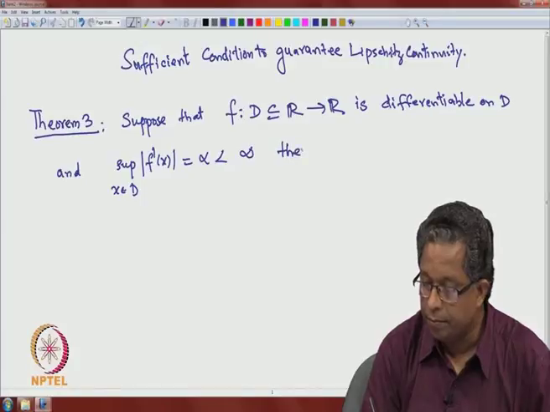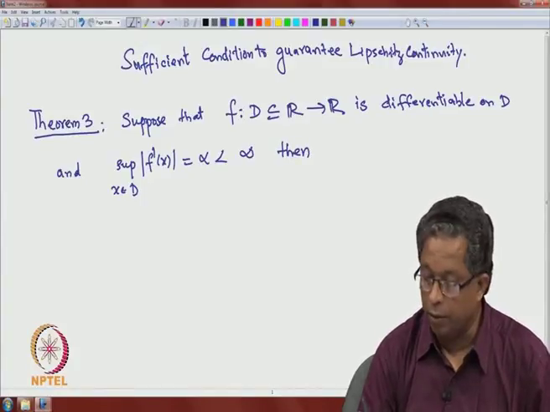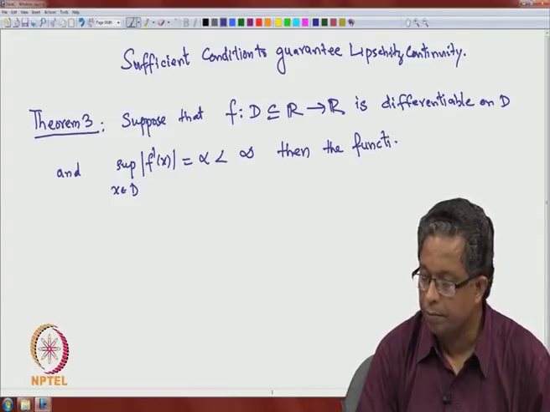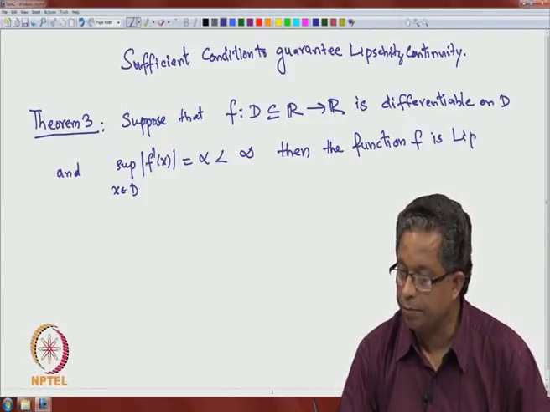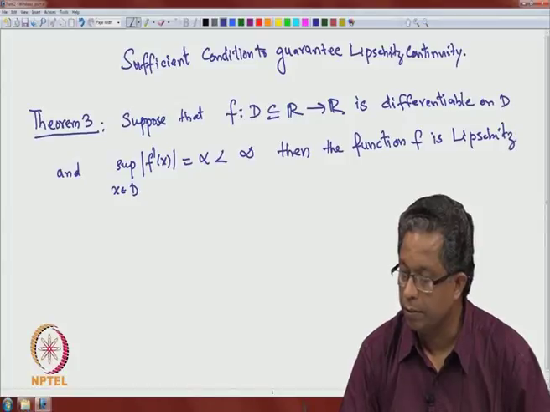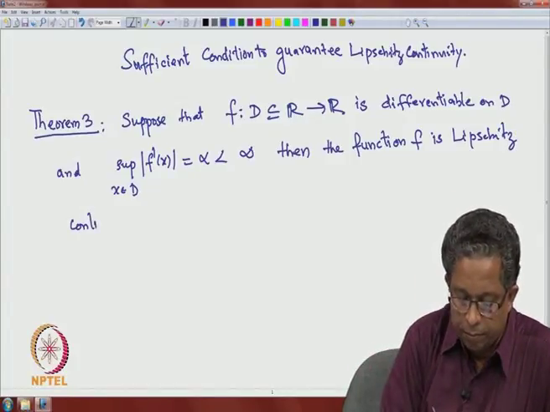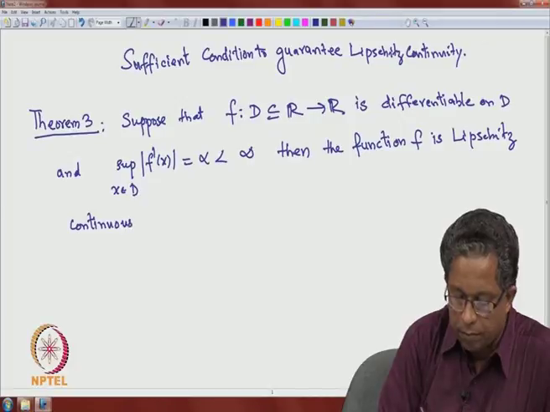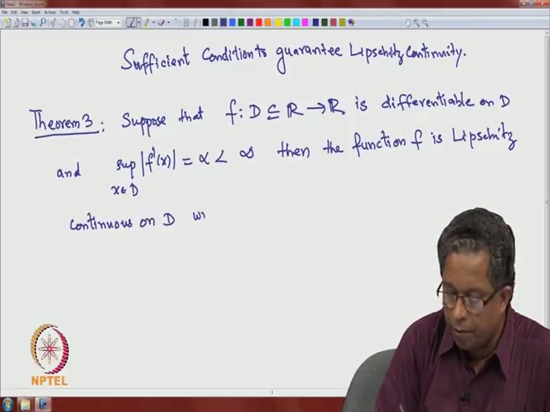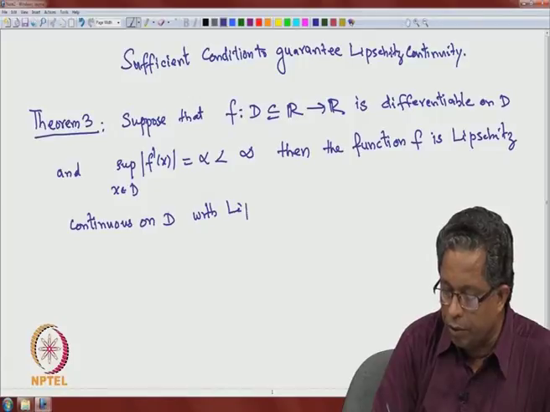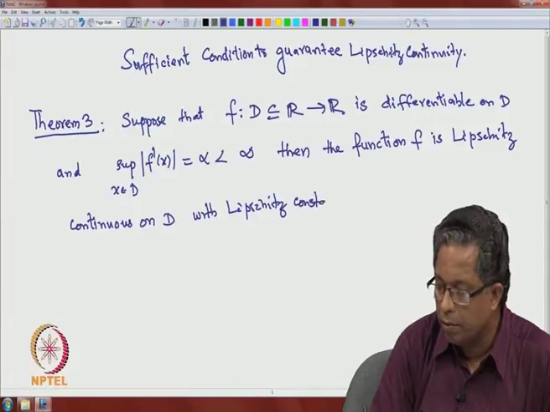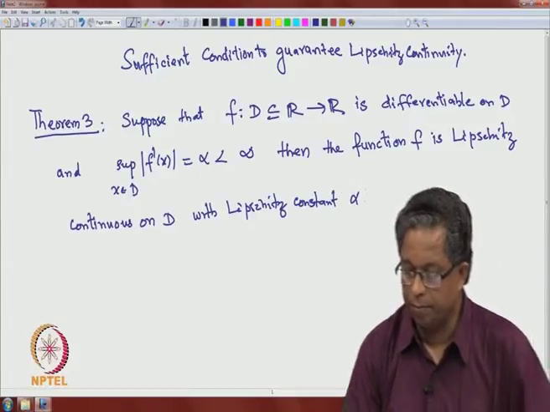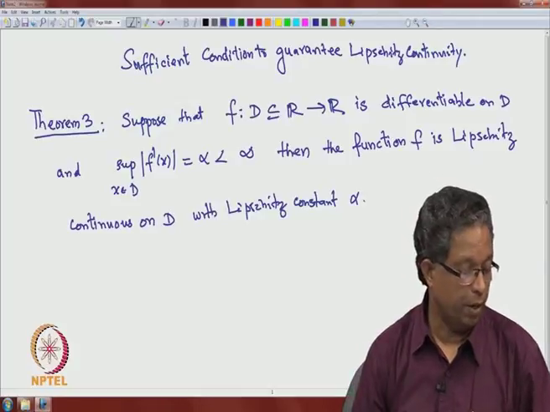Then the conclusion is that the function f is Lipschitz continuous on D with Lipschitz constant alpha.